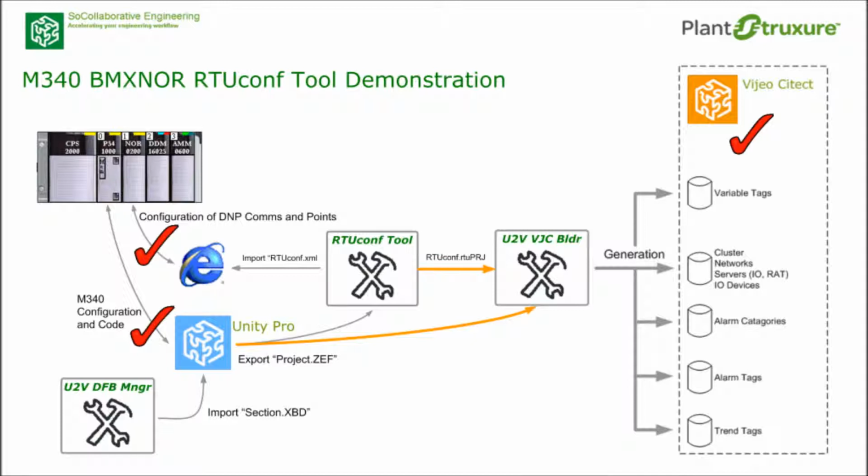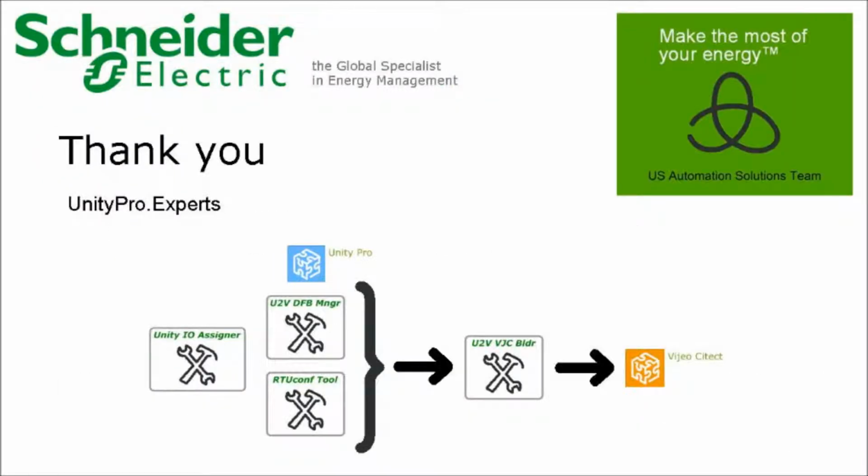Then I used the U2V VJC Bldr to create the servers and load all variables, alarms, and trends into the Vijeo Citect project. I created a graphics page and put the system online. The DNP3 protocol worked magic by backfilling 4+ hours of data recorded in the M340 RTU while I created this demo. As always, thanks for your interest and time.